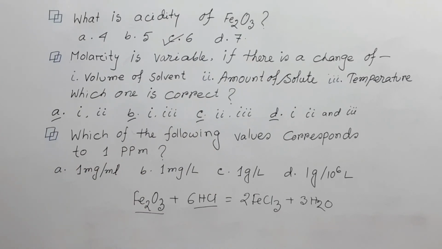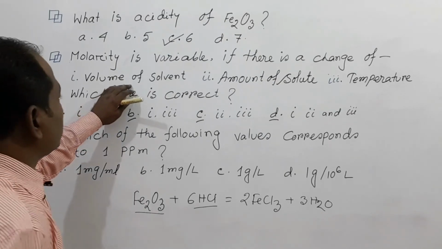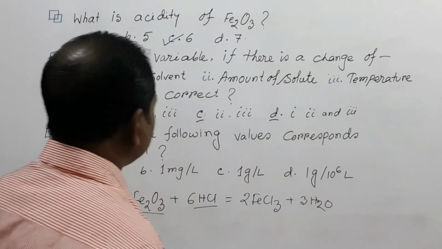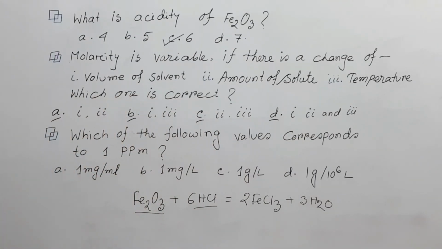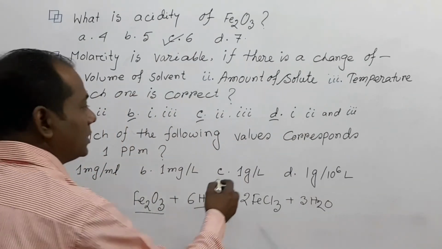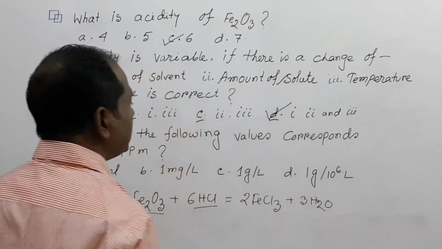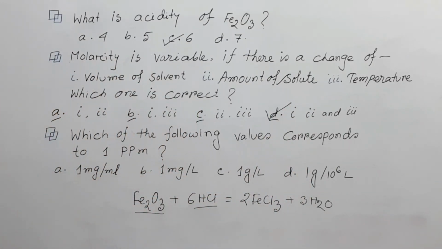My dear students, we know that molarity is the concentration of a solution expressed as the number of moles of solute per liter of solution. So we can say that 1, 2 and 3 all options are correct. So we can say that option D is the correct answer.